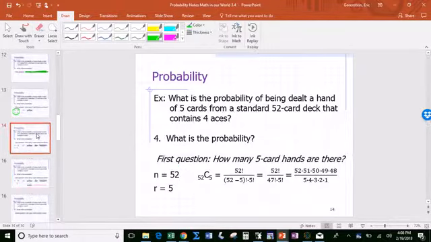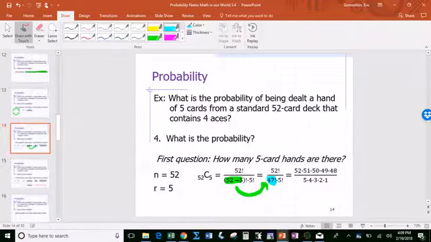52 minus 5 gives you 47, and the 47 factorial is 47 numbers, 1 times 2 times 3 times 4, all the way up to 47.